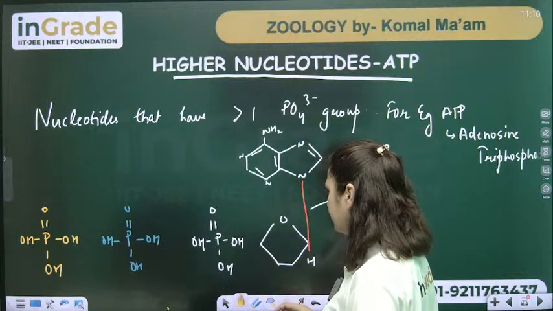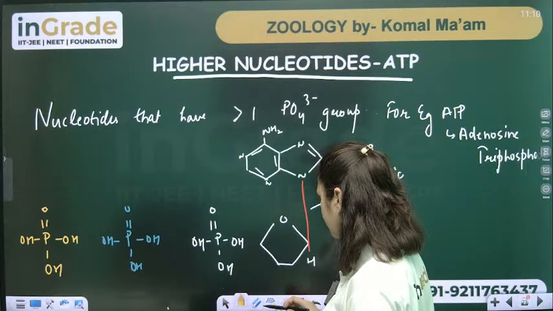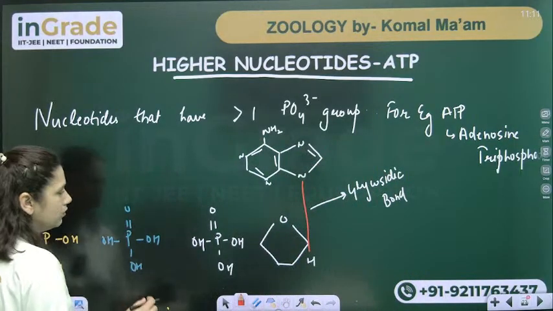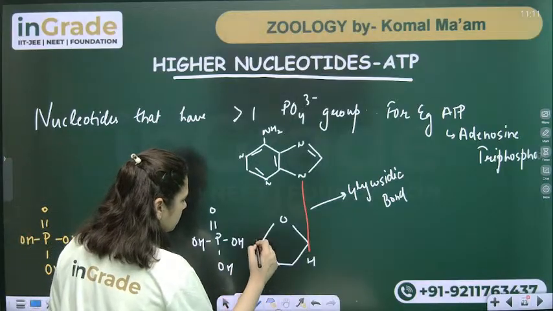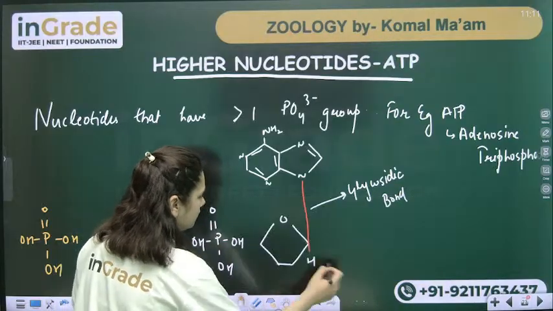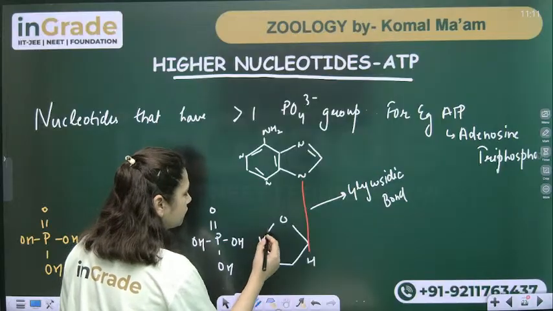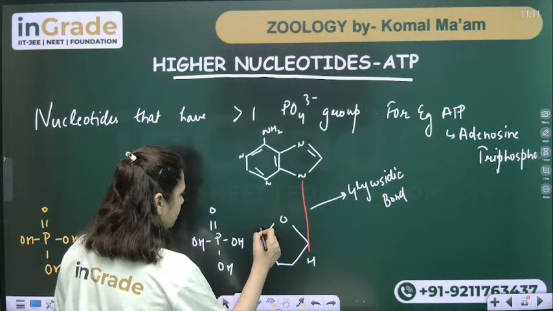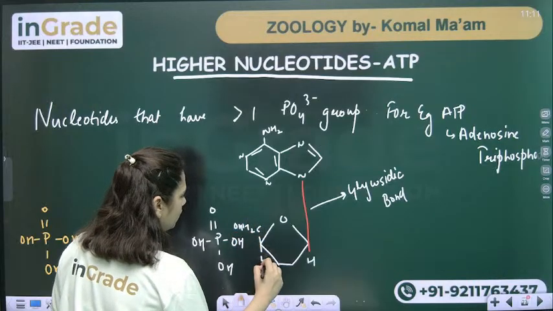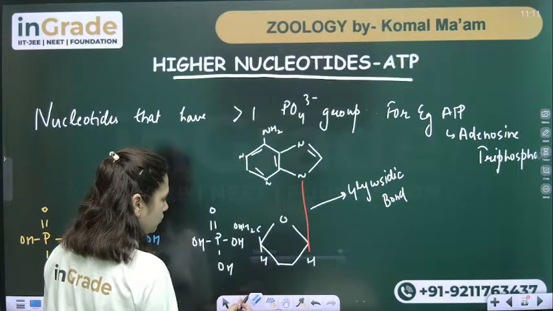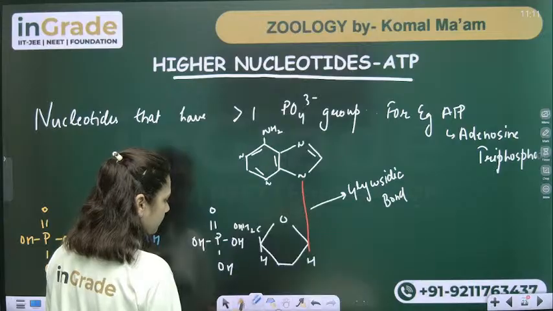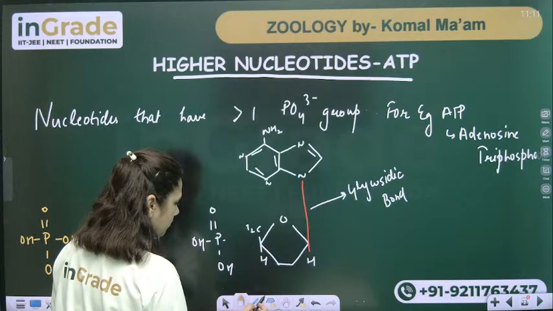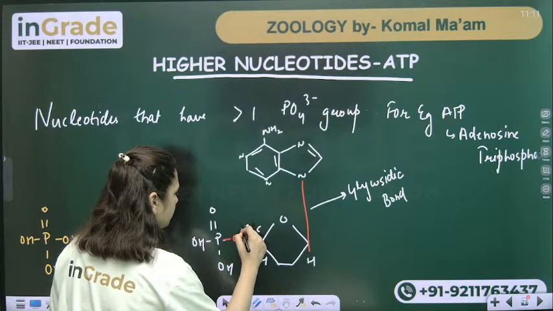Here on the 5th carbon, we have CH2OH, which gets eliminated as a water molecule here, and it will form an ester bond with this.